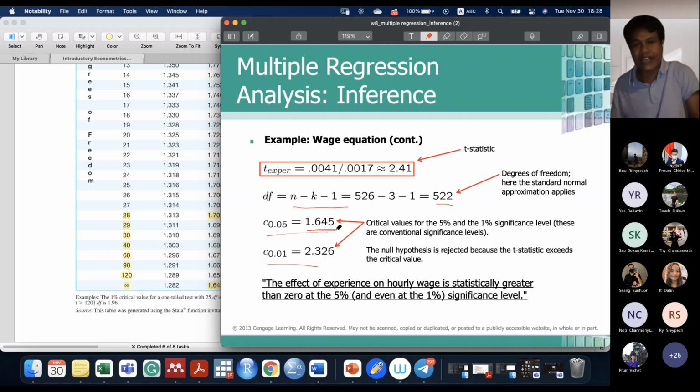If T is higher than C, we reject the null hypothesis. In this case, T is 2.4, but C is only 1.6. So we reject the null hypothesis at 5%.